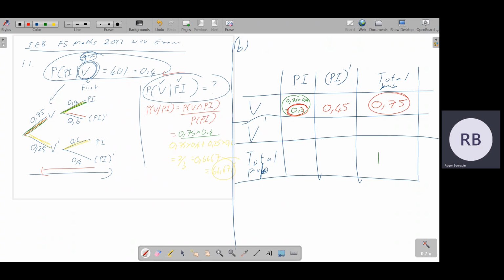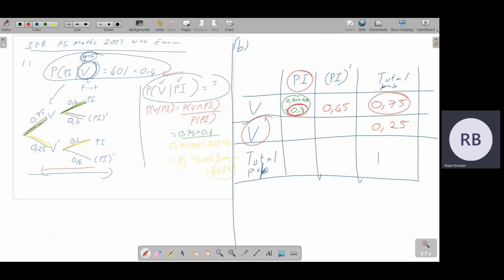So 0.3, 0.45, 0.75, that's one. Okay, this over here must be 0.25 because that's the total not vaccinated. Right, now to figure out the other amounts. This space over here represents not vaccinated and previously infected.